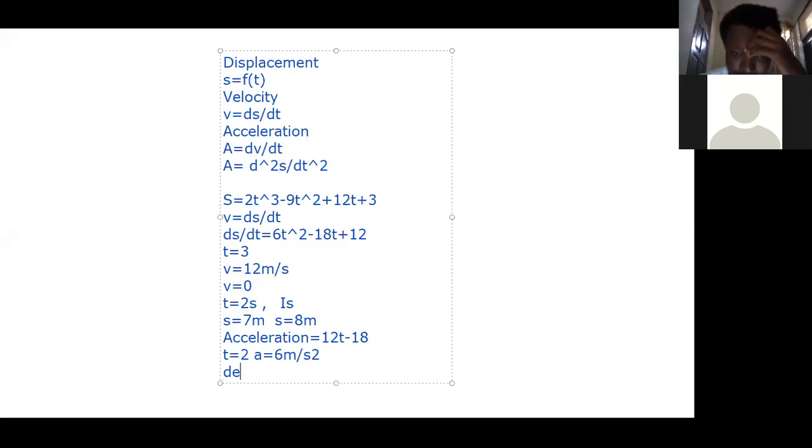Now the d, that'll be the final part. The d says we should find, if the acceleration is 8.4, then... please someone should read the last question for me.